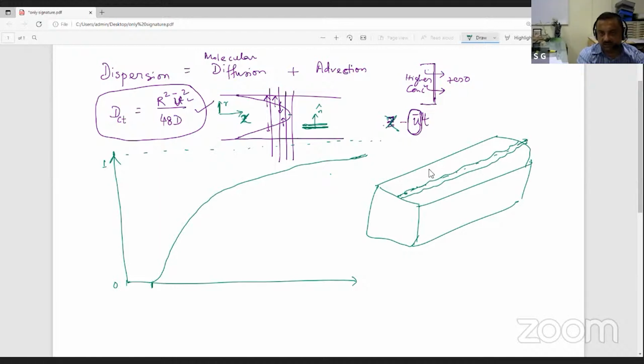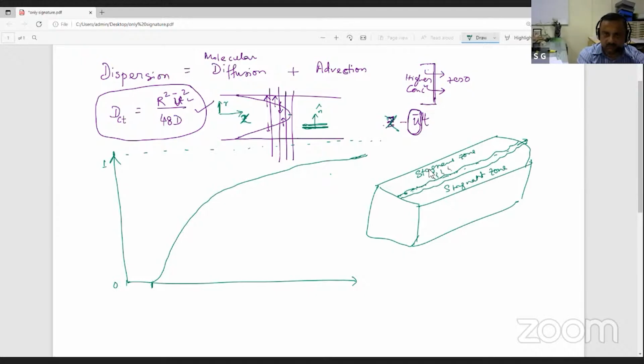It will take a long time, because as it travels through this pathway, there is a huge area sitting here which is a stagnant zone, because I assume that fluid is not leaking into this area. A stagnant zone means this is open for diffusion.